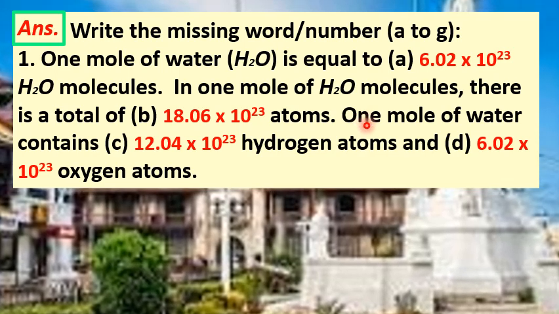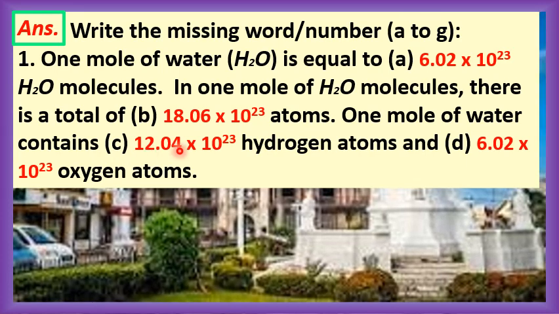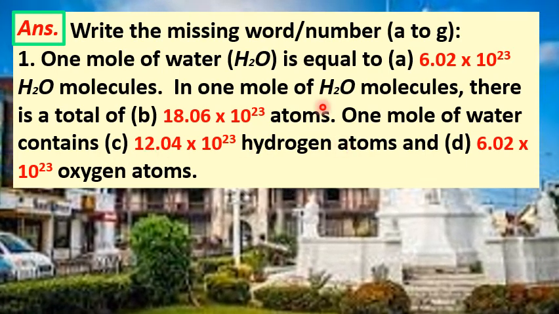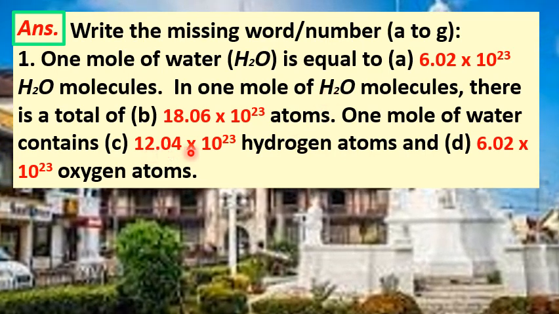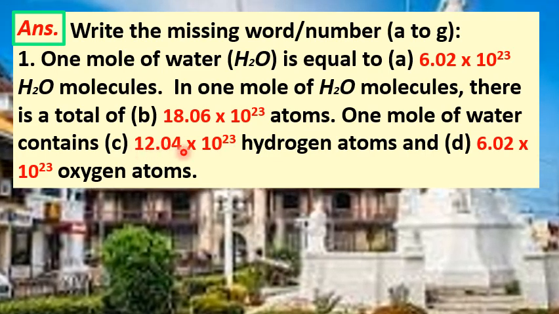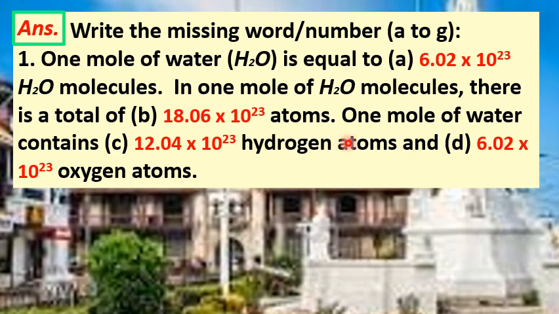1 mole of water contains, letter C, blank hydrogen atoms. Since there are 2 hydrogen atoms, Avogadro's number is also multiplied by 2, and that gives us 12.04 times 10 to the 23rd power hydrogen atoms.